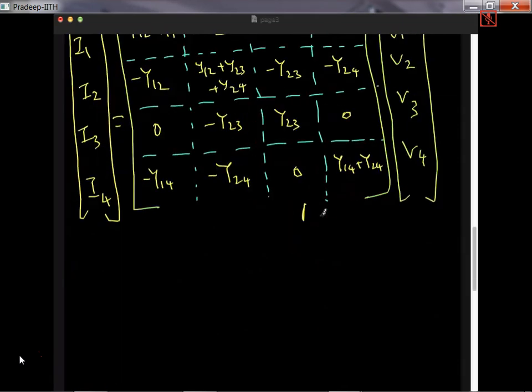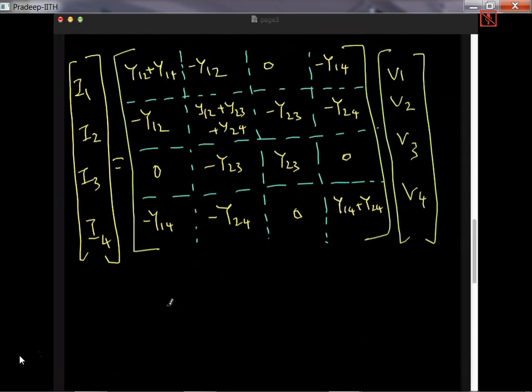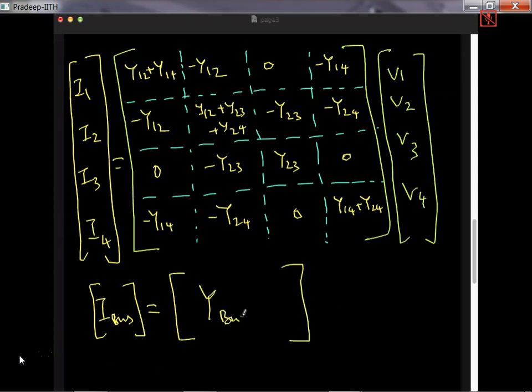So what is the structure of this? This one I can call as I bus is equal to Y bus into V bus.